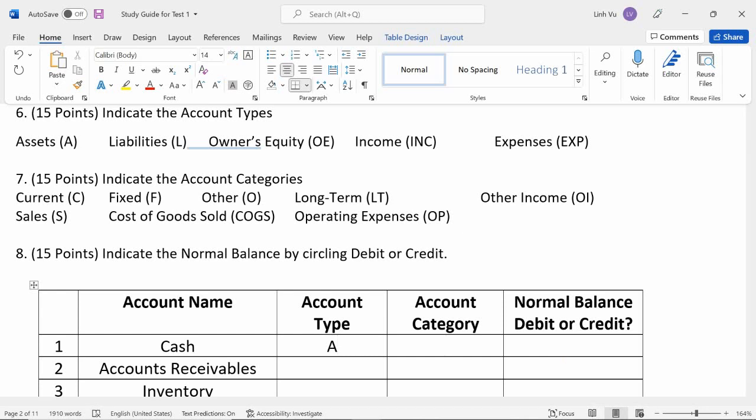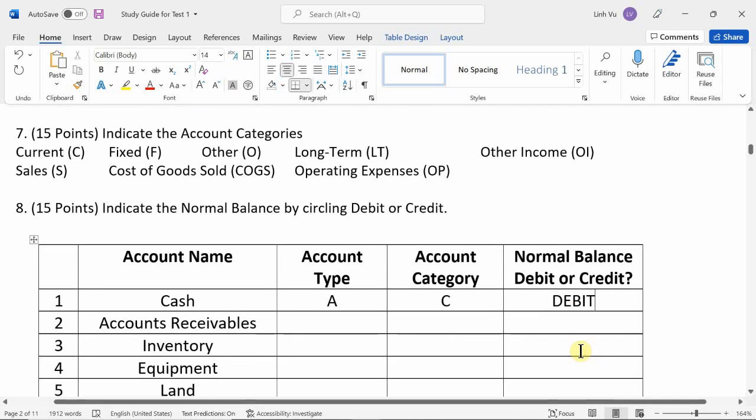And what kind of asset would it be? It's current, because it's already in its liquid form. It's already in cash. And what kind of normal balance would this have? Debit. Yes, it would normally carry a debit balance.